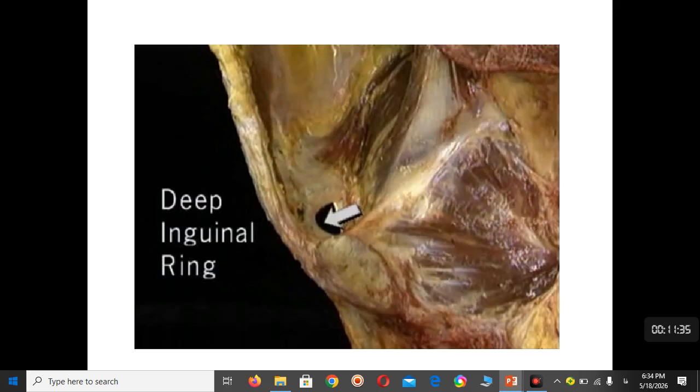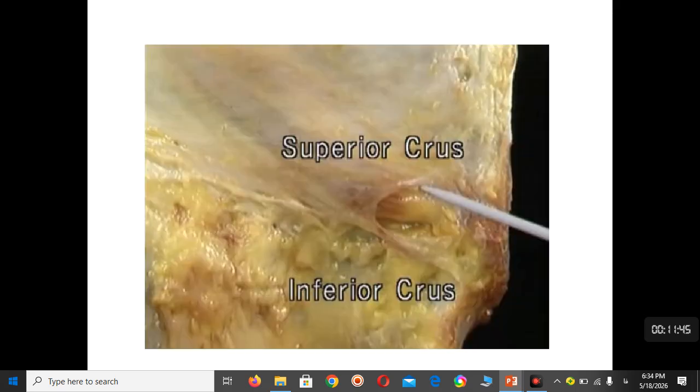It is the deep inguinal ring. This deep inguinal ring is in the fascia transversalis. Here is the ASIS, anterior superior iliac spine, and the superficial inguinal ring. This superficial inguinal ring has two crura. This is the medial crus or superior crus. This is the lateral crus or inferior crus.